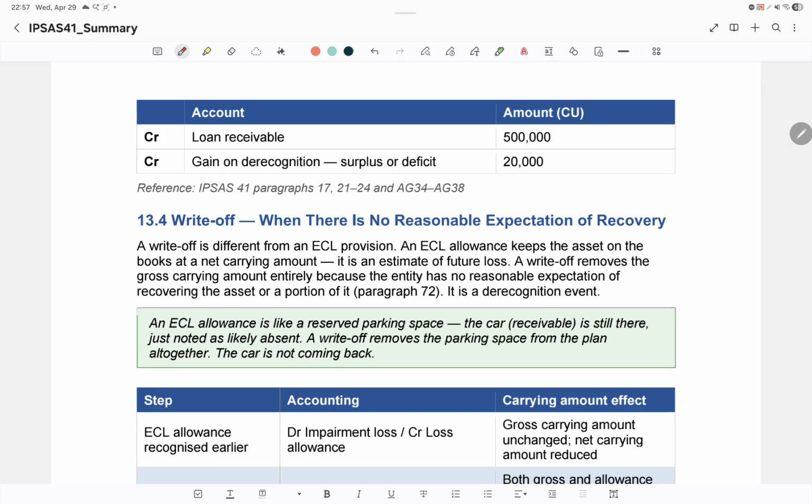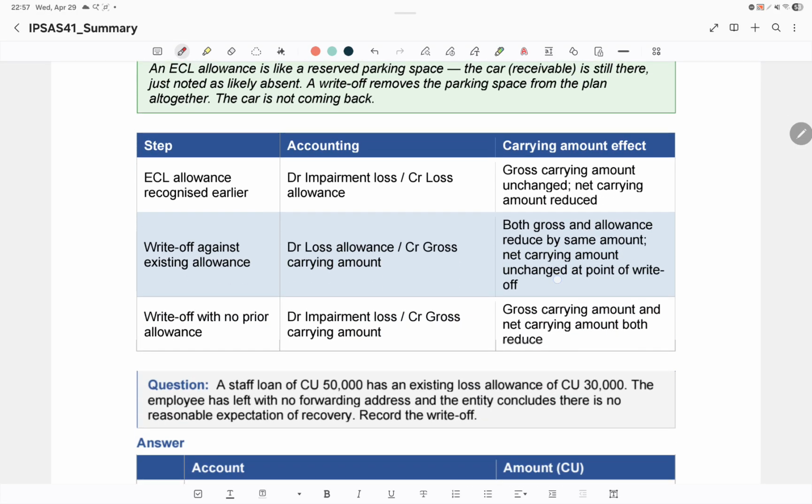The asset or a portion of it is removed; it is a derecognition event. An ECL allowance is like a reserved parking space. It's still there, just noted as likely to be absent. A write-off removes the parking space from the plan altogether. The car is not coming back.